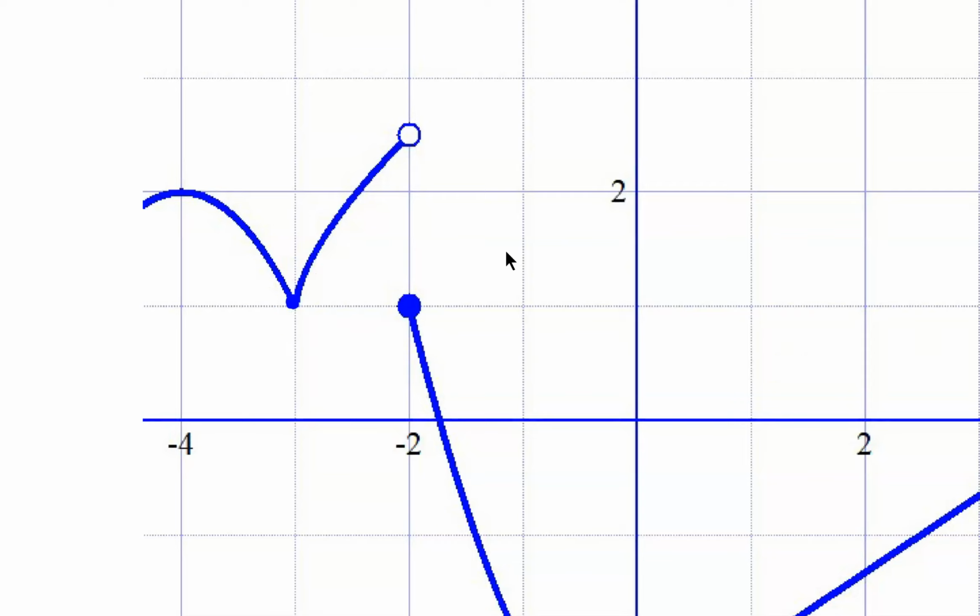So this is referred to as a cusp, and the derivative of a function does not exist at a cusp because there is not a unique tangent line to the curve at that point.